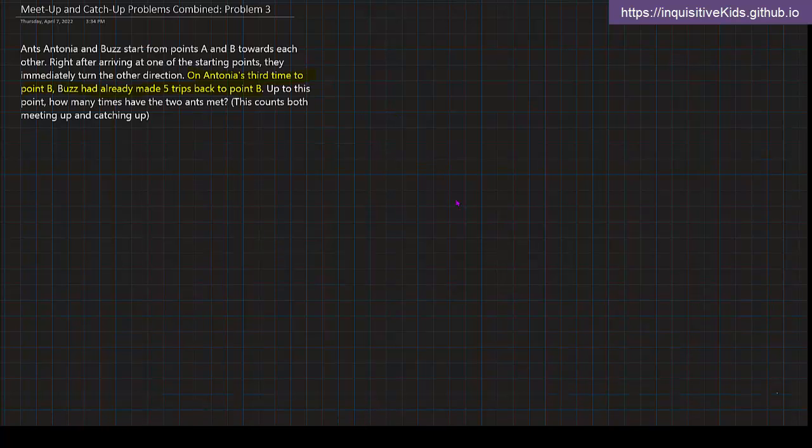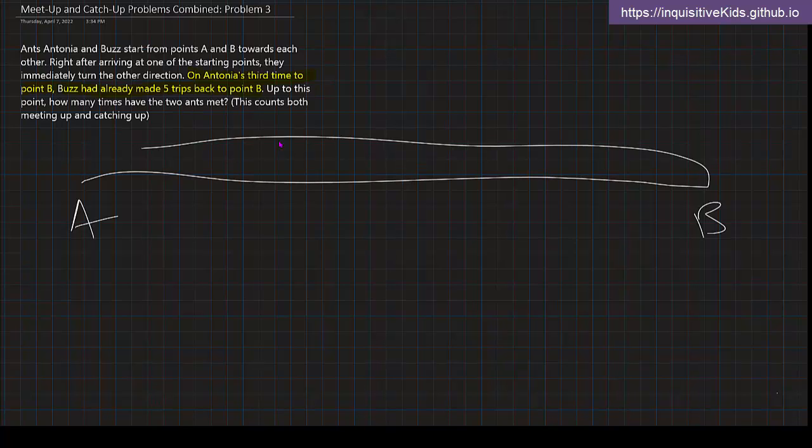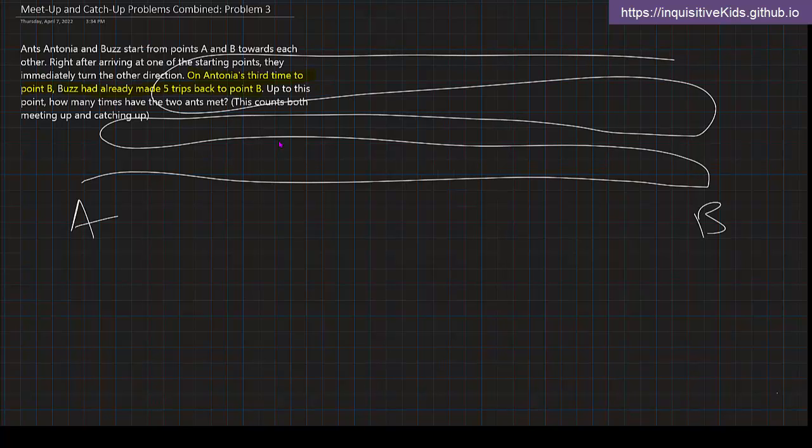So, first, what are we thinking here? Antonia's third time to point B. So we have A and B here, right? Antonia is starting from point A and going to point B 3 times. So 1 time, 2 times, and 3 times.